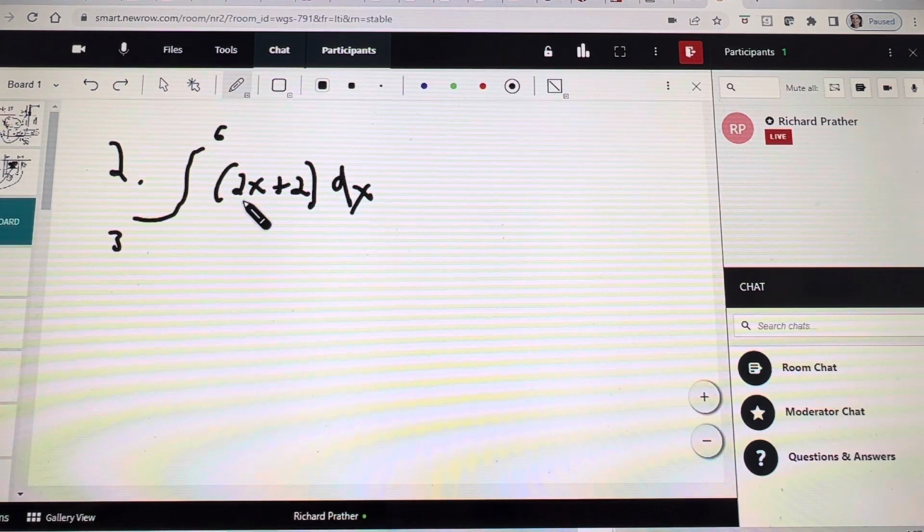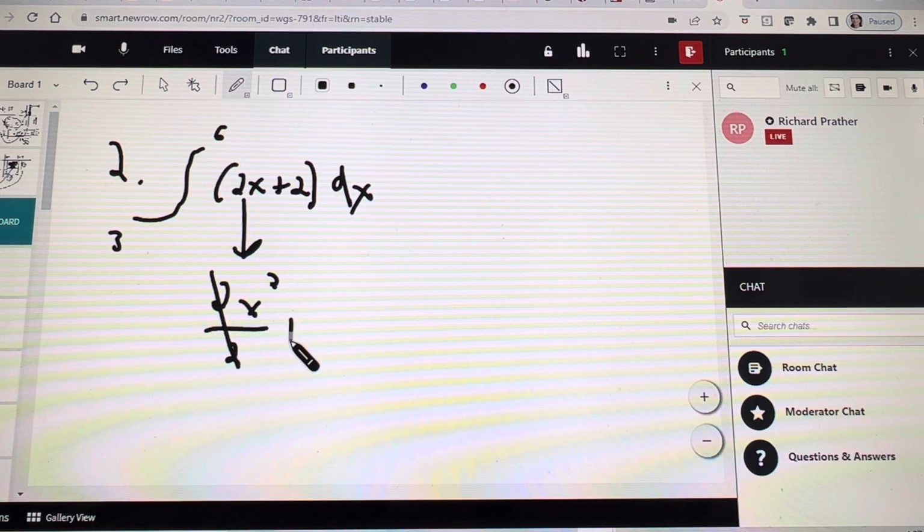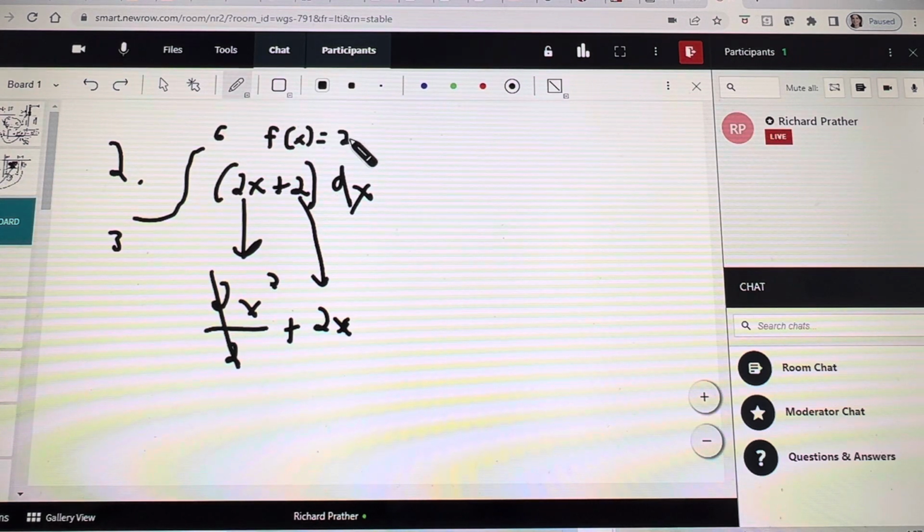The antiderivative of 2x is 2x to the second, and then divide by that new exponent, so these 2's are going to cancel. And then the antiderivative of 2 is just 2x. The original is always called little f of x, which is 2x plus 2. But big F of x, the antiderivative, is x squared plus 2x.